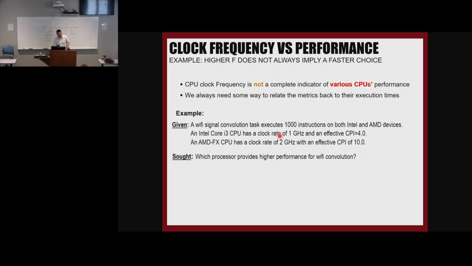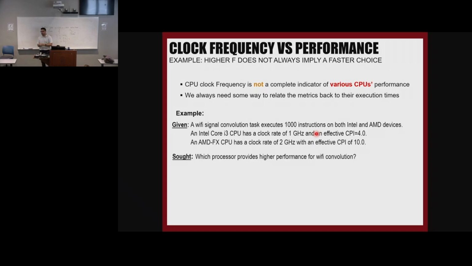Intel has a clock frequency of 1 gigahertz and an effective CPI of 4, and AMD spent more time, because this is just a random example, it's not a fact, to increase the clock frequency, and the clock frequency is 2 gigahertz now, but the CPI is 10, so instructions are not very efficient, but the clock frequency is better. So which processor provides higher performance for that Wi-Fi convolution task?